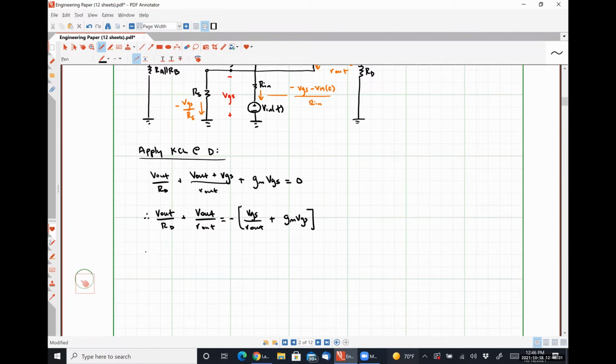And with a little bit more algebra, I can then say that V out multiplied by 1 over RD plus 1 over R out is equal to negative VGS multiplied by GM plus 1 over R out.